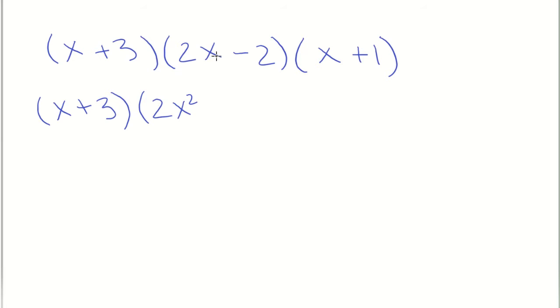And now 2x times 1, well, it's still 2x, so positive 2x. And now we're doing the minus 2, so a minus 2 times the x is a minus 2x. And a minus 2 times a 1 is still a minus 2.